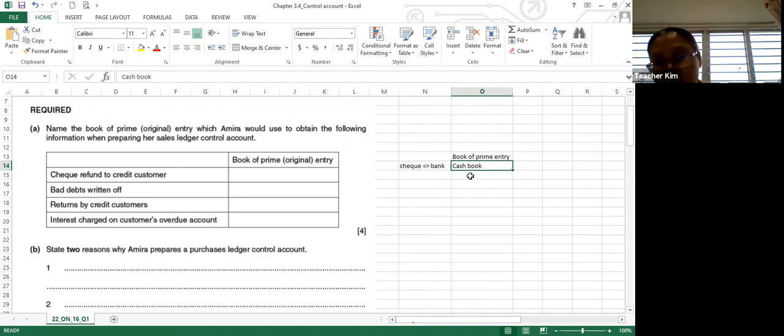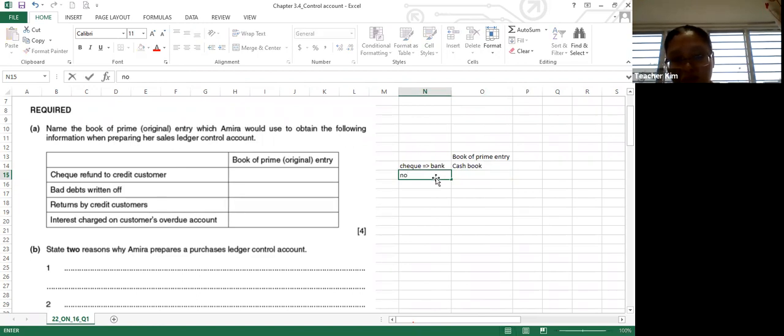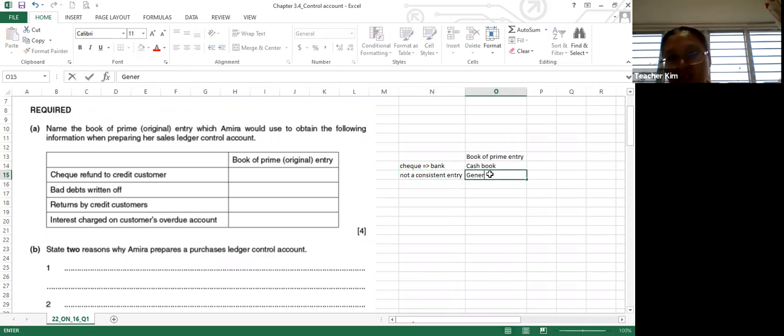Number two, bad debt written off. Bad debt written off does not happen every time. It is a non-consistent entry, so for this type of entry we normally use the general journal. Return by credit customer, customer returns to us, so this is the sales return journal.